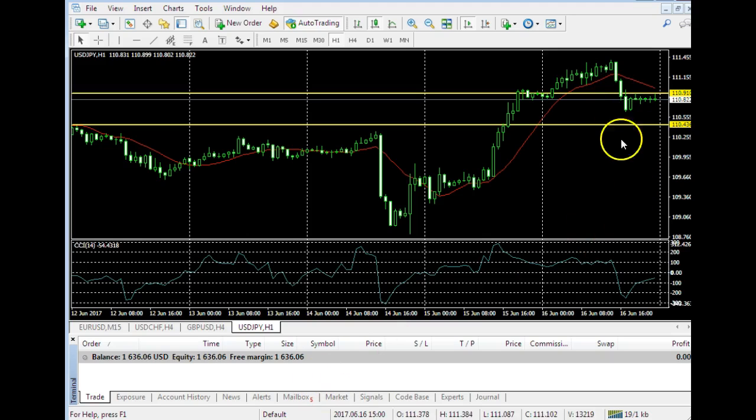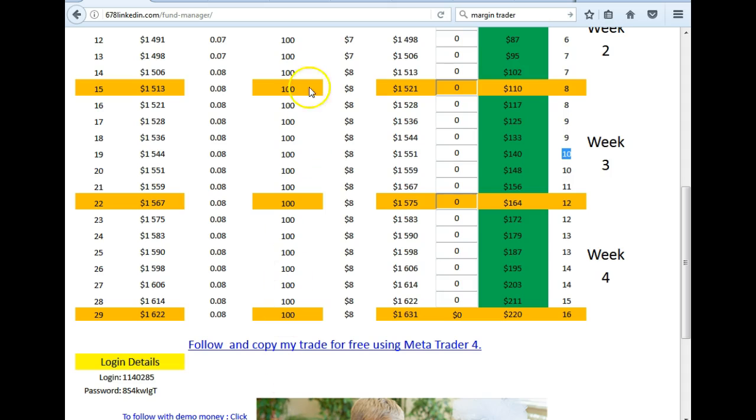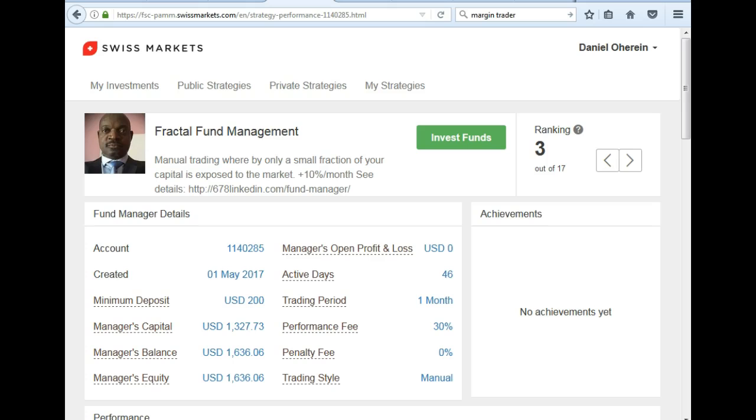This is my trading platform. Today's date is 16th of June, and my total equity is this, which I have made from the market using a fractal system. Of course, let's also go back to my Swiss account for you to actually see.